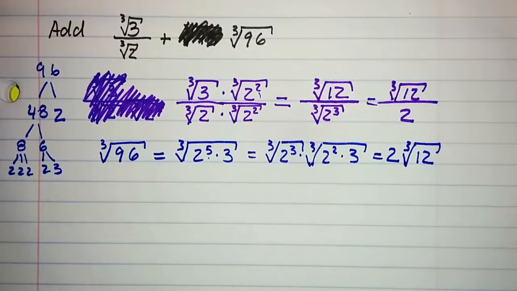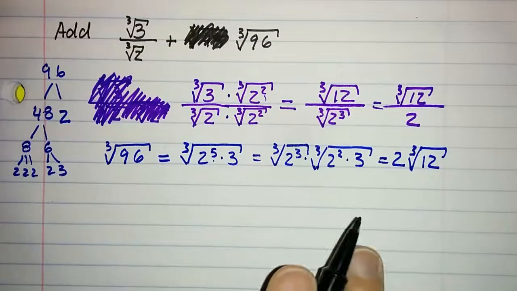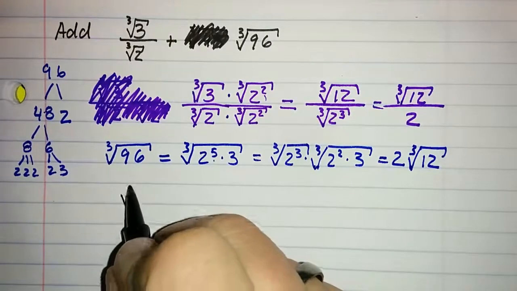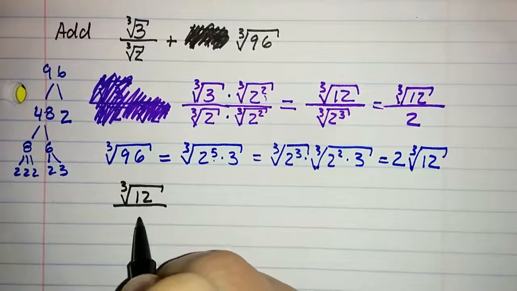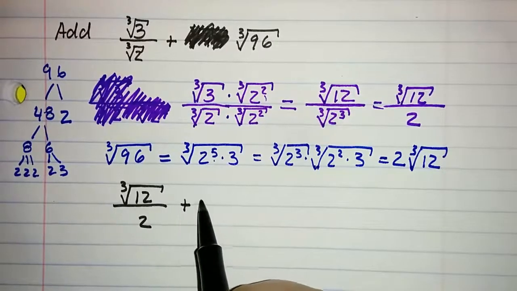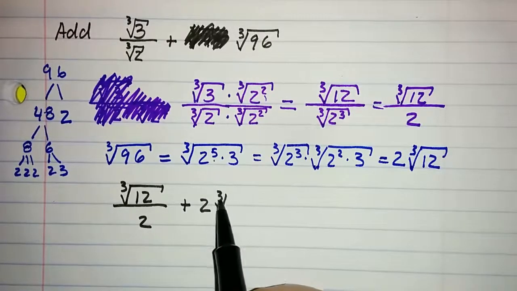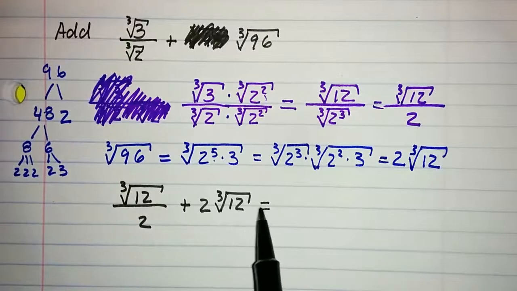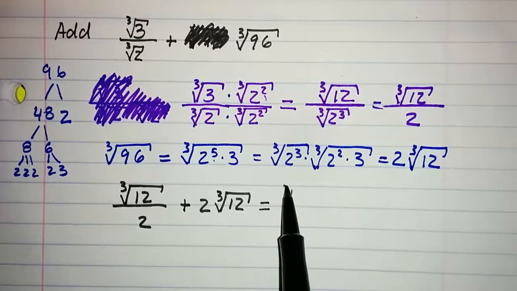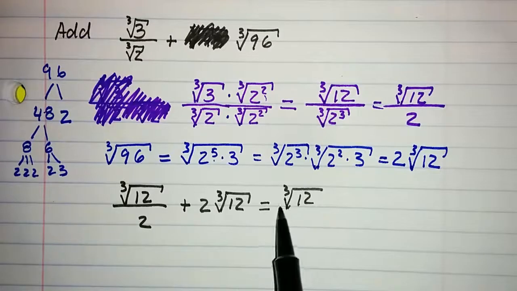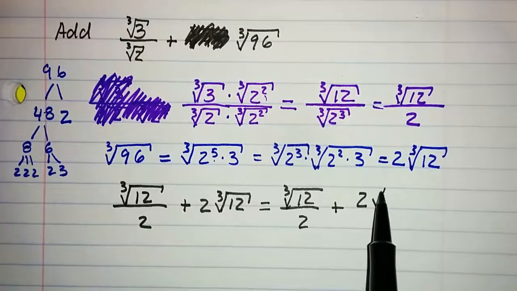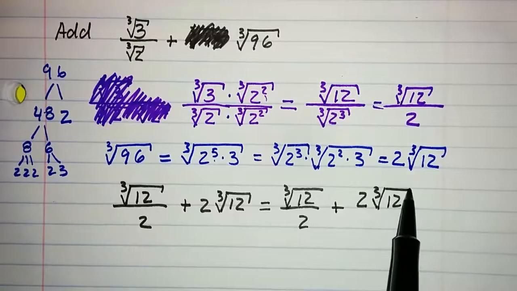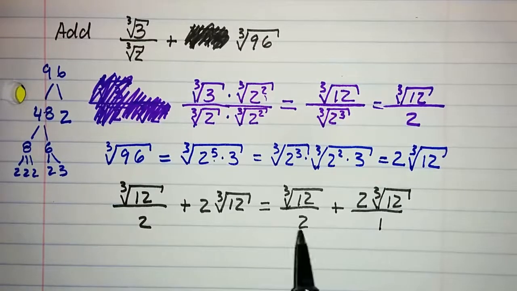Oh, those are like radicals. All right, I'll have cube root 12 over 2 plus 2 cube root 12. Or let's think of this as cube root 12 over 2 plus 2 cube root 12 over 1.